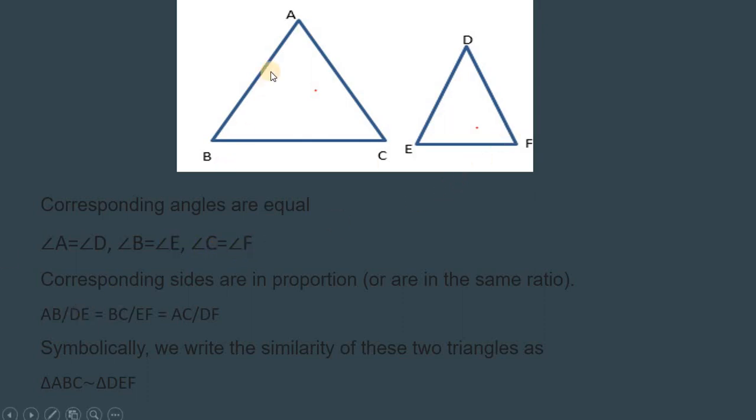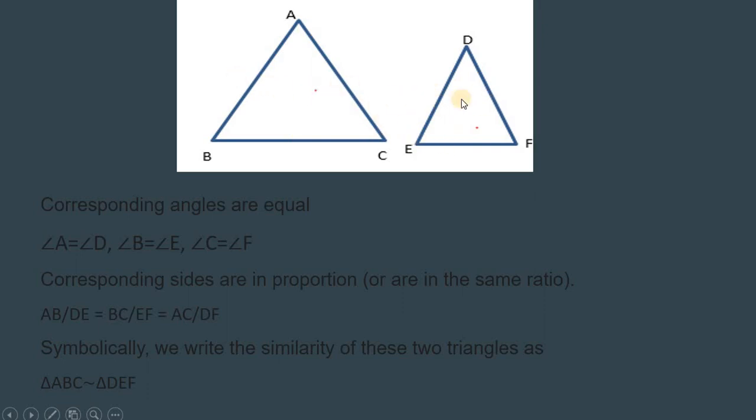Or for the corresponding sides, AB upon DE should equal BC upon EF, which equals AC upon DF. The corresponding side of AB is DE, of BC is EF, and of AC is DF.